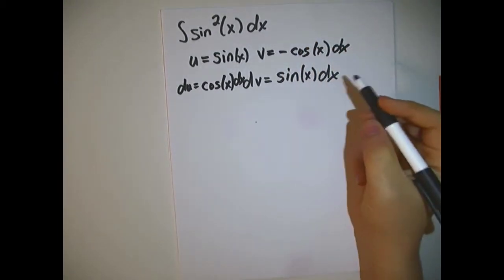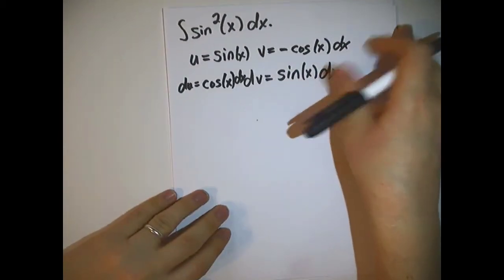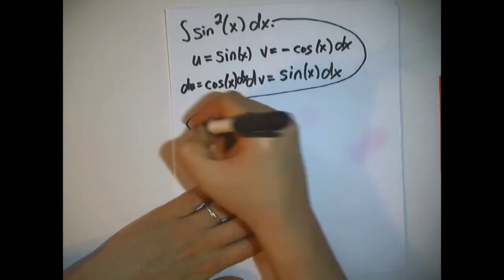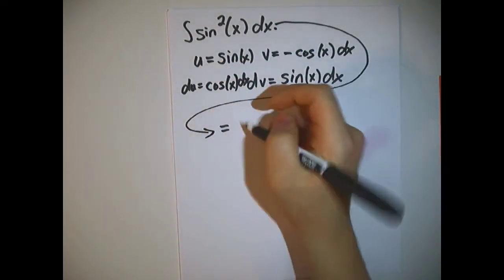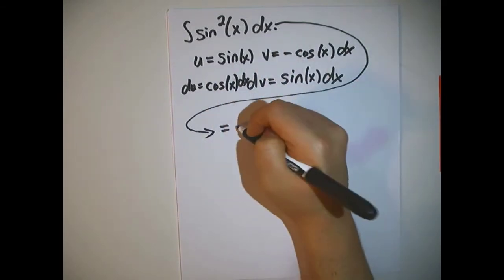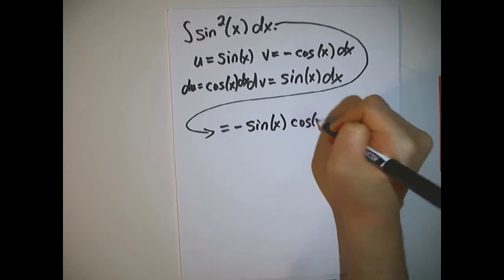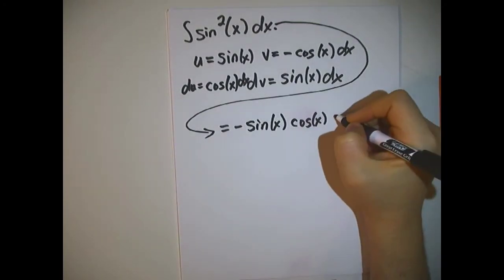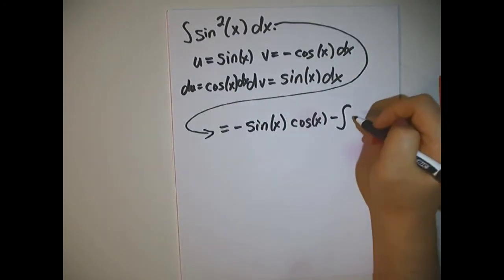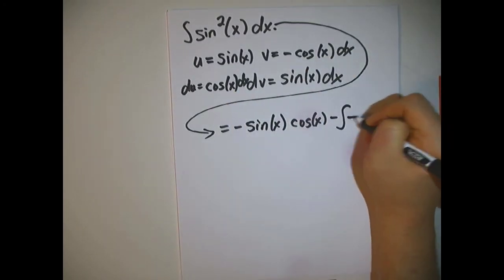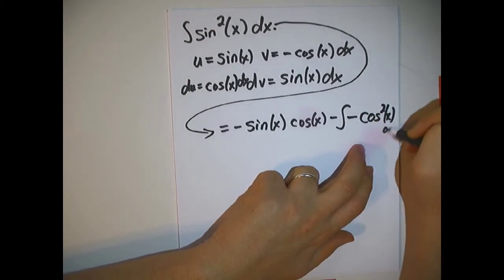And by the integration by parts formula, this whole thing is going to be equal to uv, so that is minus sine of x cosine of x, minus the integral of v du. So that's minus the integral of minus cosine squared of x dx.